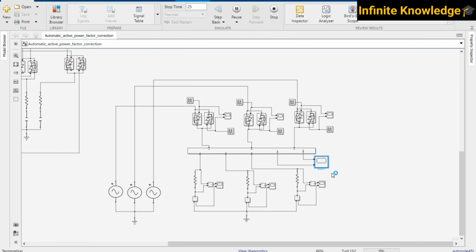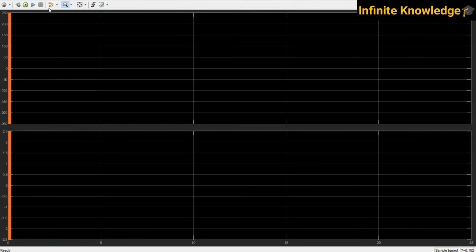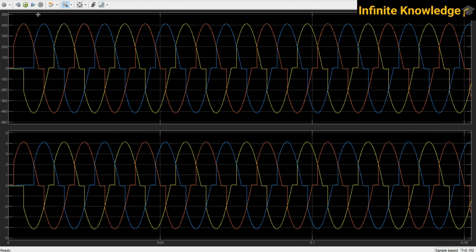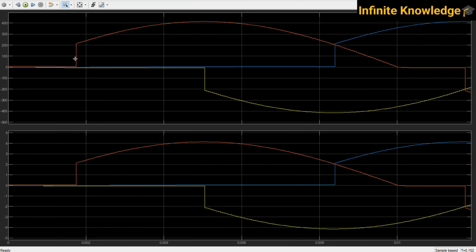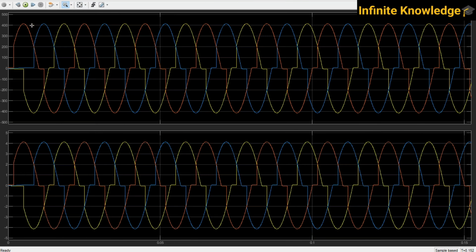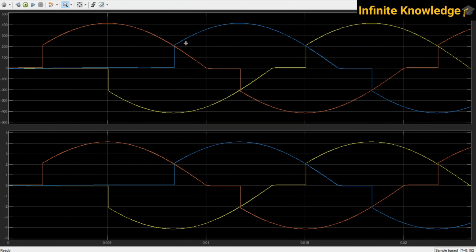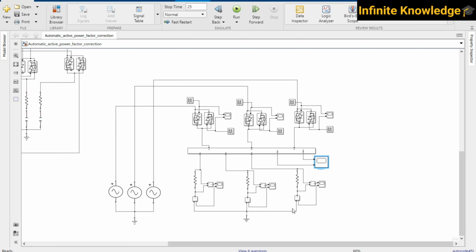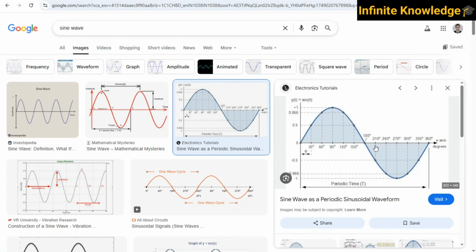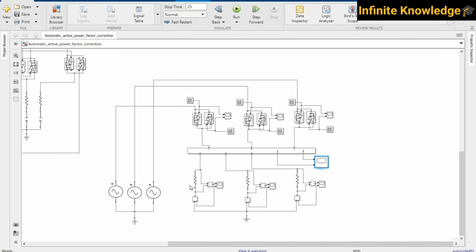If you want to check, you can see 30 to 180, a 30 degree firing angle. Then in the negative cycle you are getting 210, because the 30 degrees is not considered. So this is how you can control the supply to your load.